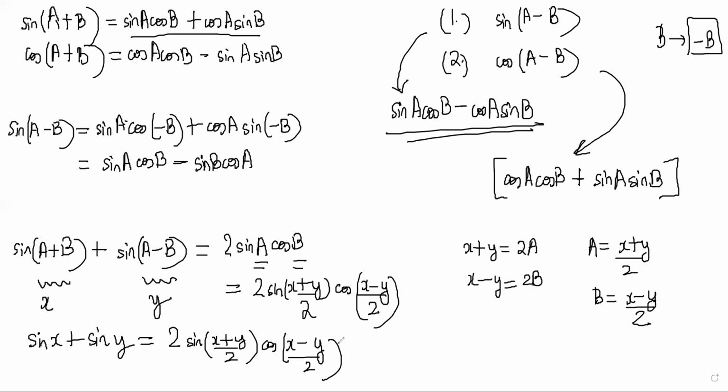You understand what has happened? We have taken two basic formulas, added them, gotten 2 sine A cos B, but I don't want to write it like this because remembering this doesn't help much, because actually the questions will be like, find the value of sine X plus sine 2X, right? Something like that.